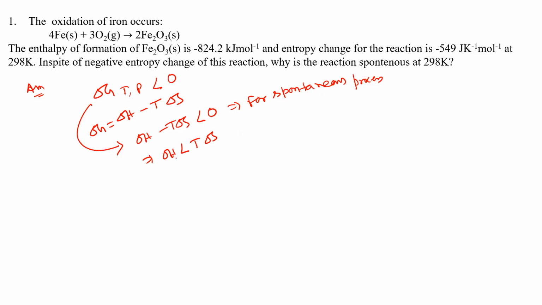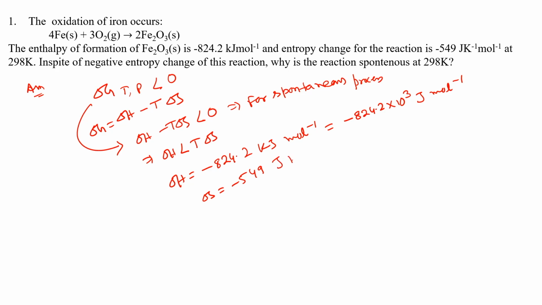Now, what is the value of delta H? Here delta H is minus 824.2 kilojoule per mole, and if we convert it into joule, we get minus 824.2 times 10 to the 3 joule per mole, and delta S is minus 549 joule per Kelvin.